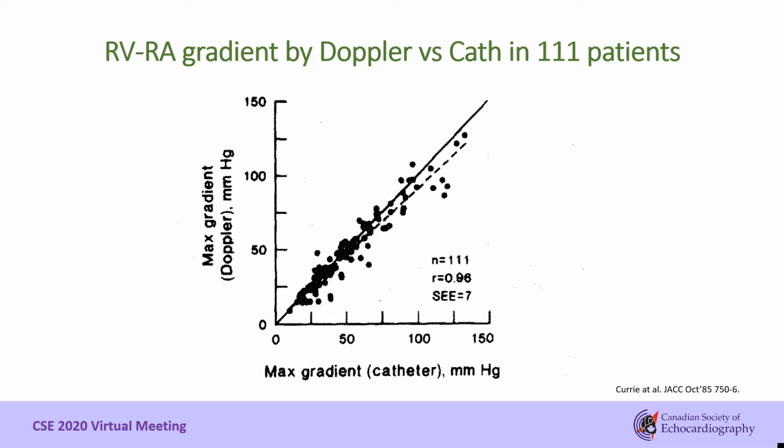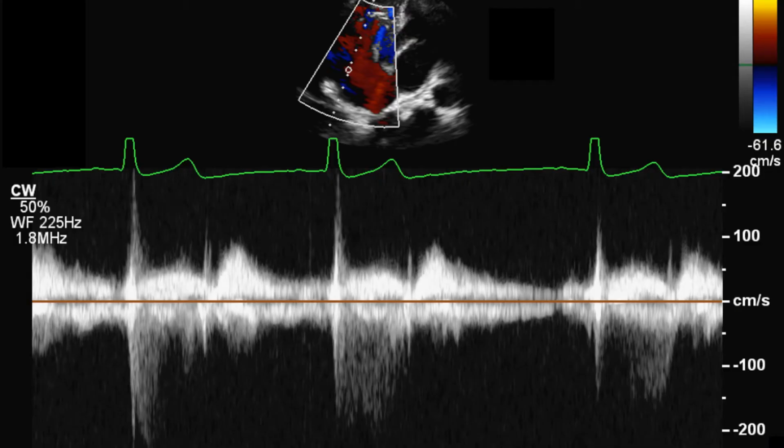Firstly, in many of the studies, the Doppler assessment and cath assessment were not done simultaneously as it was done in our study. And we know that the pulmonary artery pressure can vary quite considerably from hour to hour. The more important reason for the poor correlation is using suboptimal tricuspid regurgitation signals.